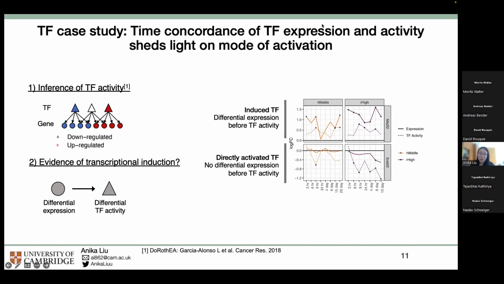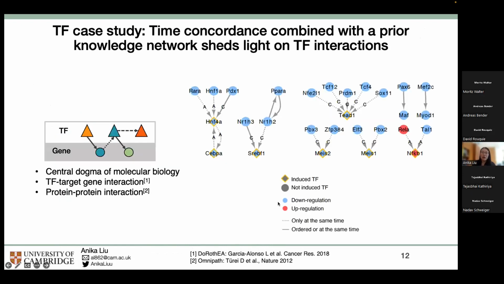While if we only see changes in activity but not in expression, this would rather indicate that the transcription factor is directly activated. And in our data set, we found that this is, for example, true for all the nuclear receptors which have been found before adverse histopathology. We then included two additional types of causal interactions, which link different transcription factors preceding injury to each other.